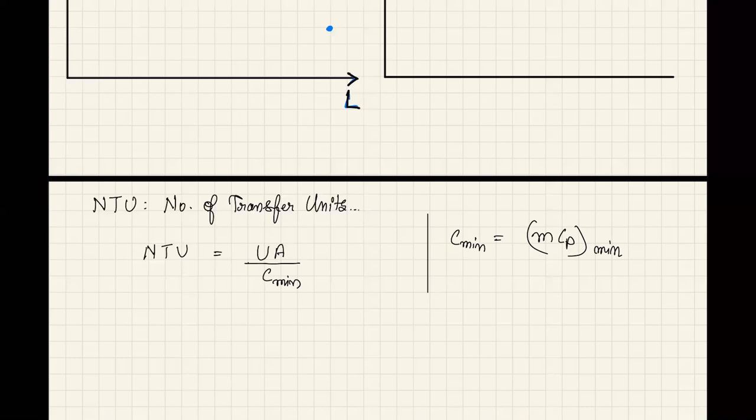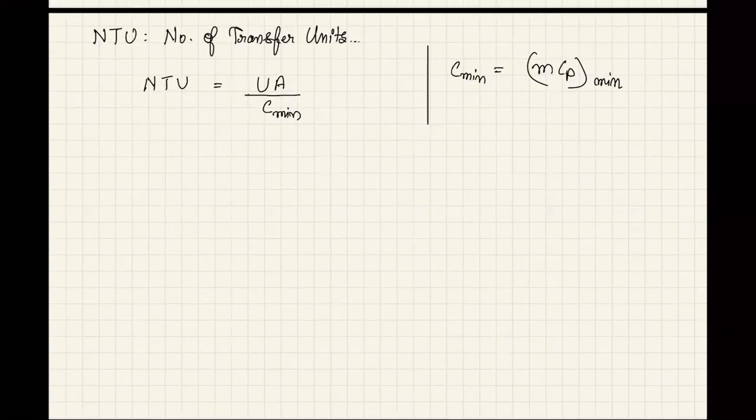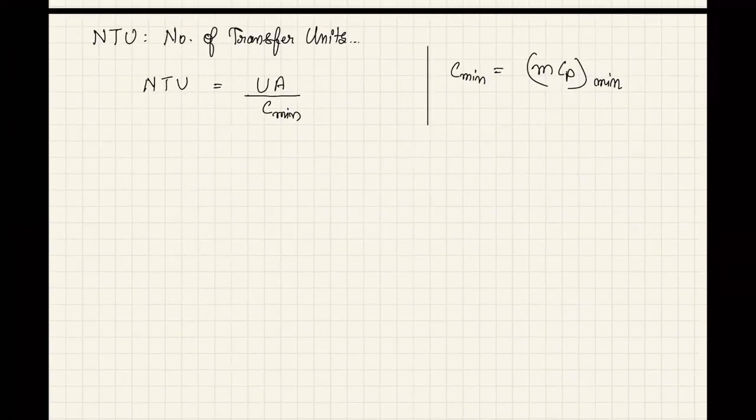Okay, so now how to solve a problem? What should be our approach? For the epsilon-NTU method, the steps are as follows. First calculate the value of the C_R ratio, which is given by C min by C max.